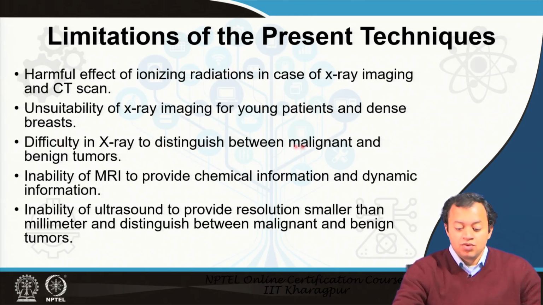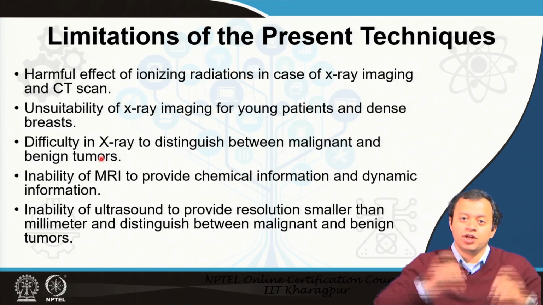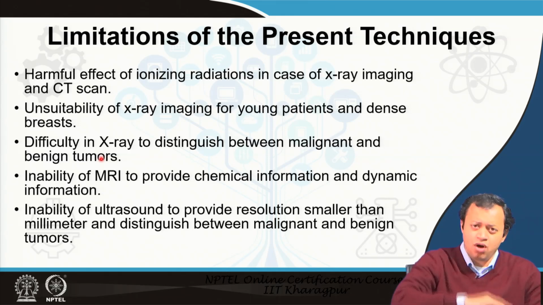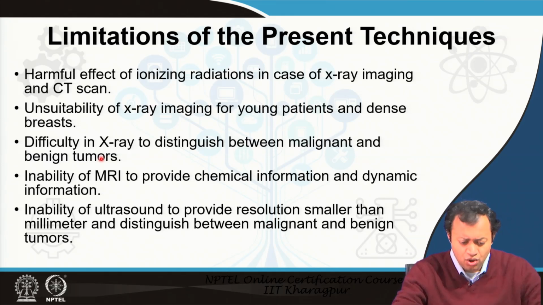Difficulty of X-ray to distinguish between malignant and benign tumors. You sometimes get into difficulty differentiating between tumors which are just forming or have formed into a large area, as compared to another organ which is already covering it, or a plethora of these kinds of problems might come.